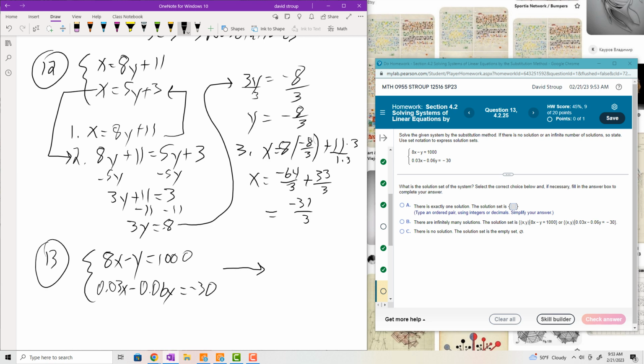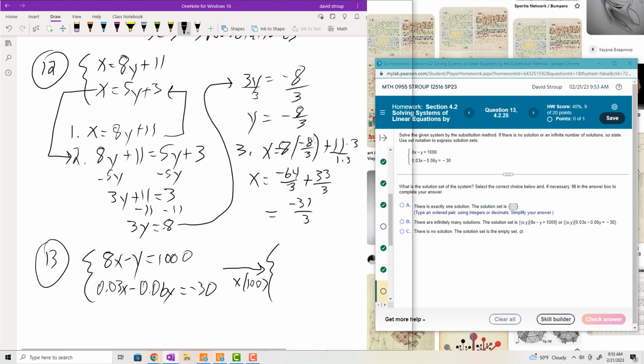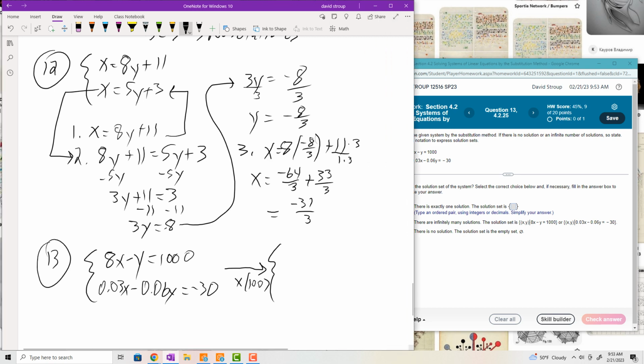So I'm going to multiply that second equation by 100, just to make it a little prettier to deal with. So the first equation I'm leaving alone: 8x minus y is 1,000. The second equation, if I multiply by 100, it'll move the decimal place 2 places to the right in each case.